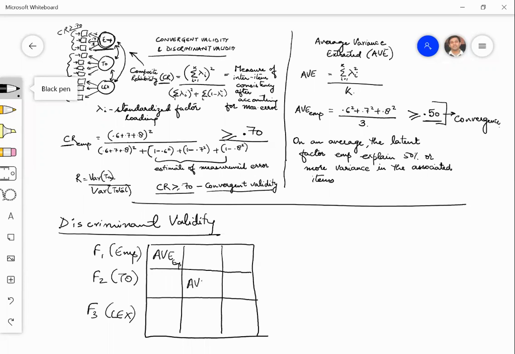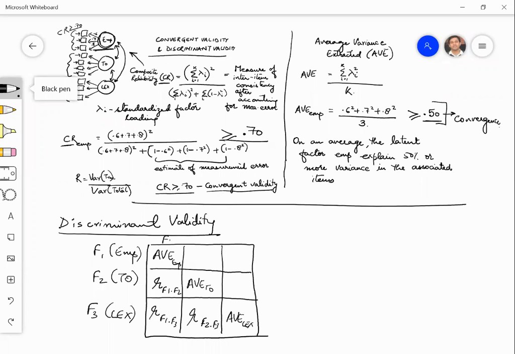So you write AVE of TO and you compute AVE of LEX. And then below the diagonal, you write the R value, so the correlation of factor 1 with factor 2, factor 1 with factor 3, and factor 2 with factor 3.